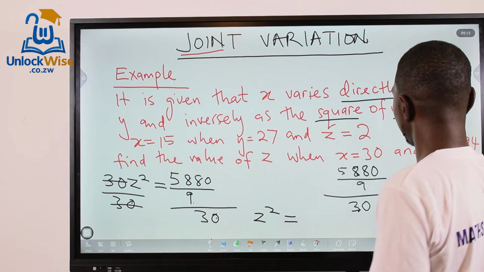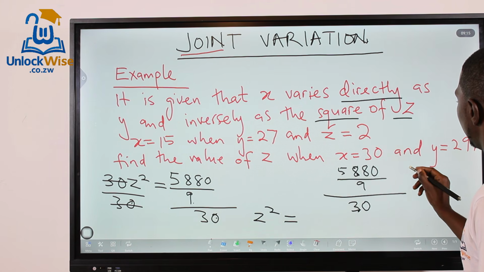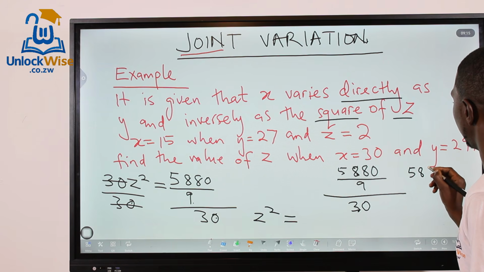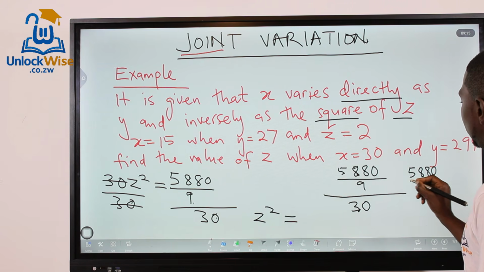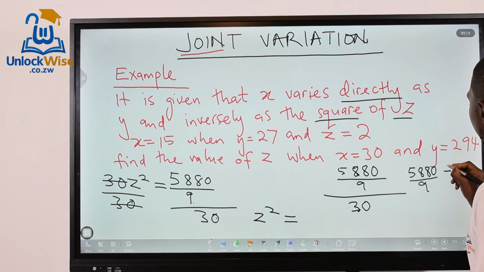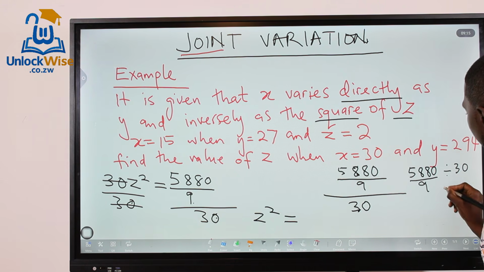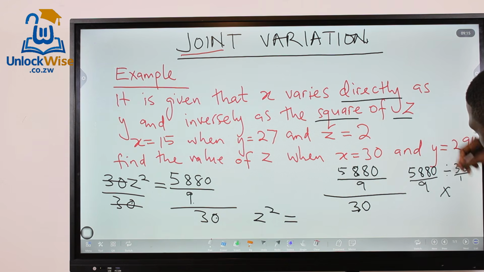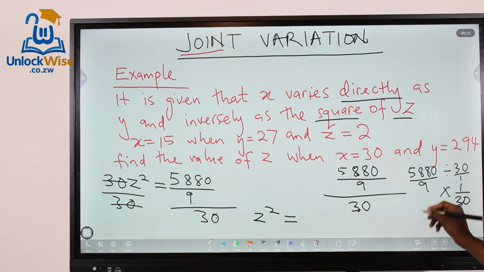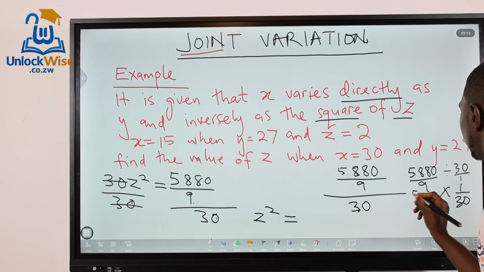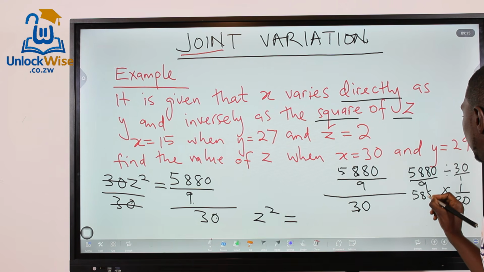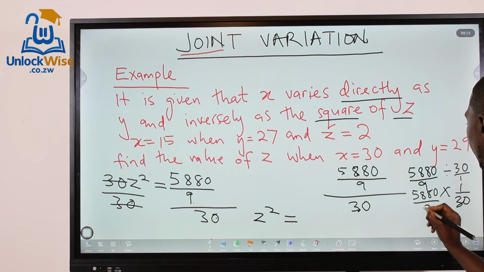It means that we have something like 5880 divided by 9, and we divide like this, and 30. Change the division sign into a multiplication sign, and then you invert. So we are going to have 1 over 30 like this, multiplying this, right?